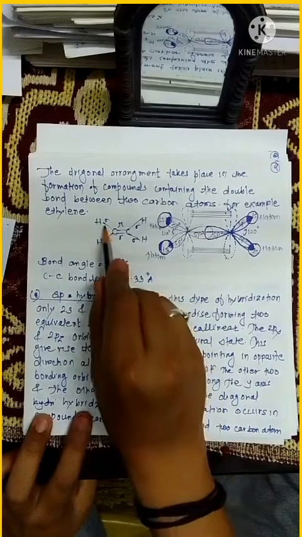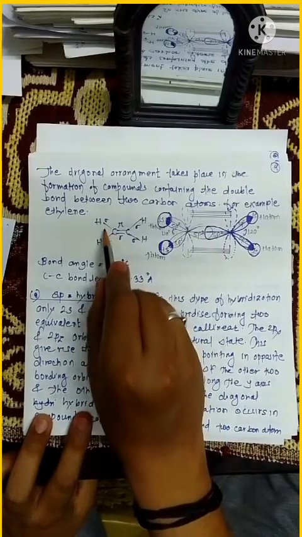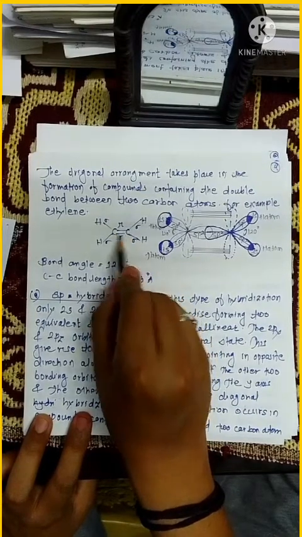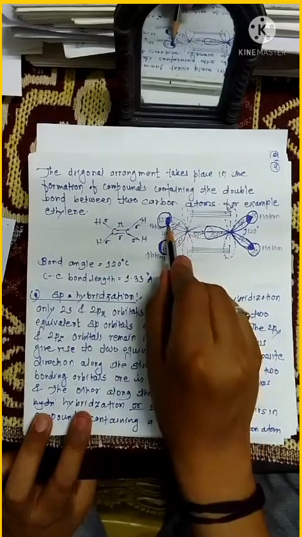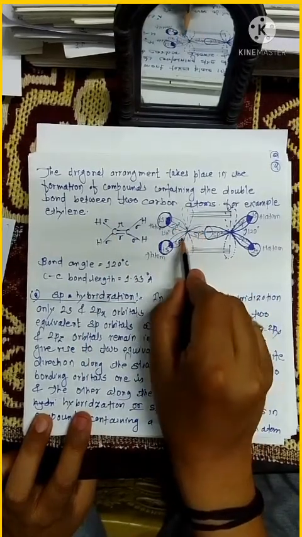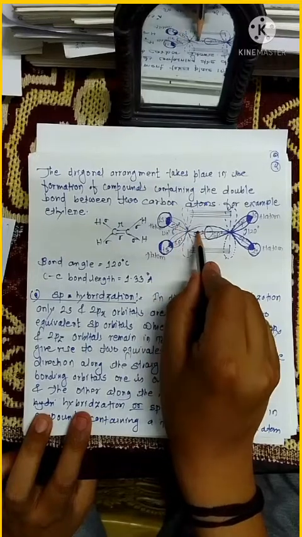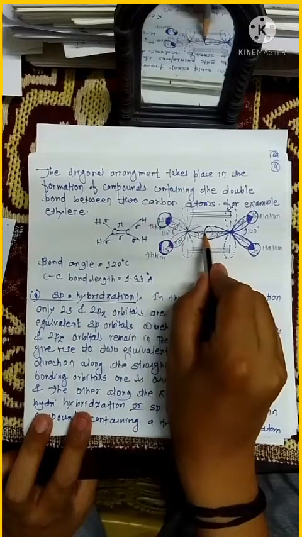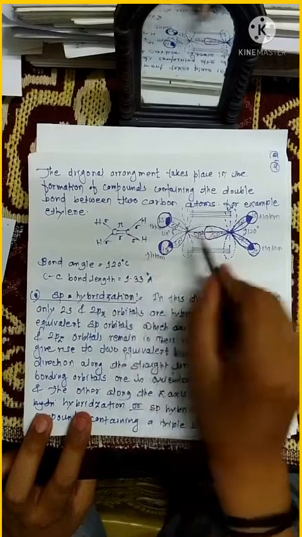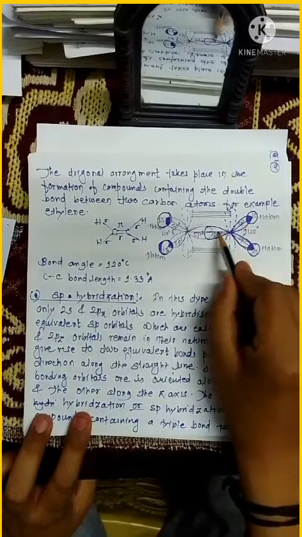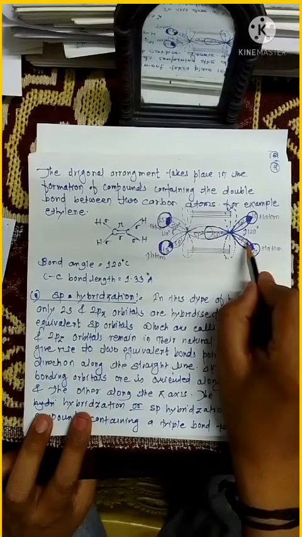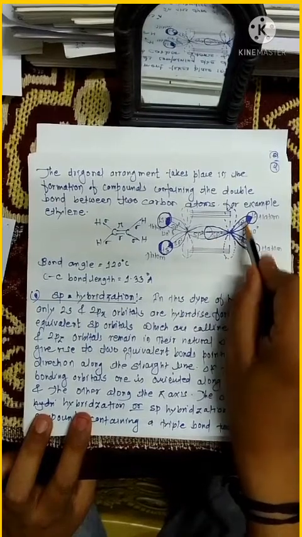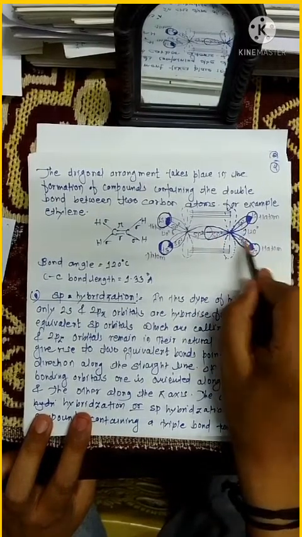So just see, in your ethylene molecule, this carbon and this carbon undergo sp2 hybridization. So just see here, this and this are your sp2 hybrid orbitals which lie in one plane with trigonal arrangement. The other carbon also undergoes sp2 hybridization, which is shown with a marker, and these sp2 hybrid orbitals are also arranged in a trigonal planar arrangement.